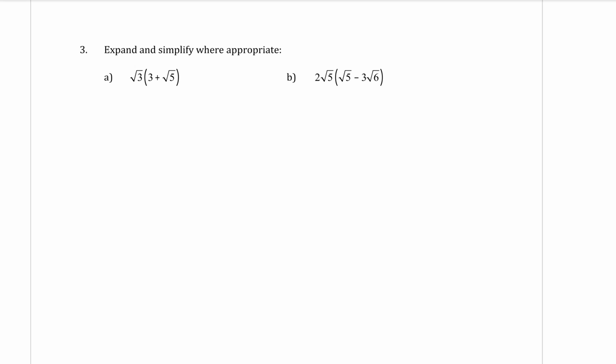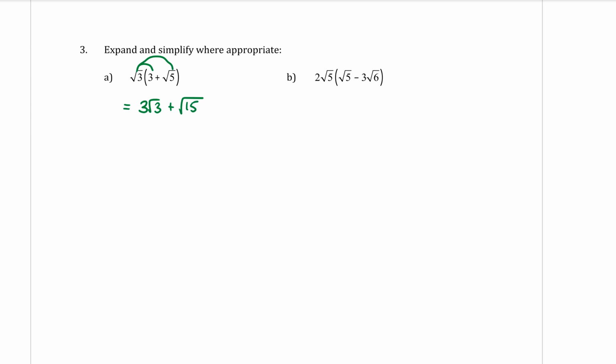So root 3 times 3. We put the whole number first at the front, so that'd be 3 root 3. Then a plus sign. Then I want to multiply root 3 times root 5, which means 1 square root sign, multiply the numbers underneath, which is 15. Look for simplifying.